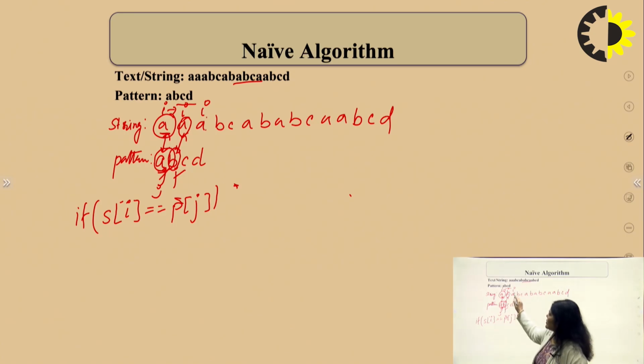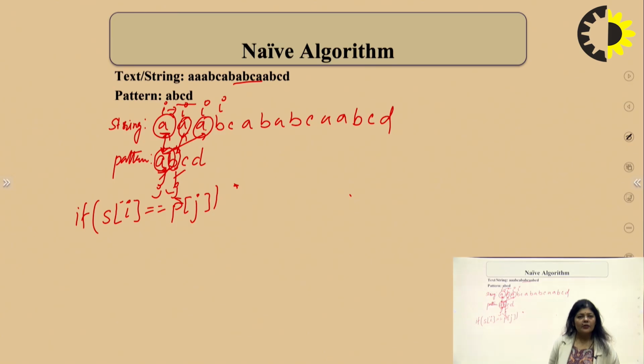I comes here and J is on the first character, which is A. So now again, I'm matching A and A. Since both of the characters are matching, I is going to be increased by 1. So I now reaches B, and J is also increased by 1. So now J reaches here, which is pointing to B. Now we are matching B and B together.